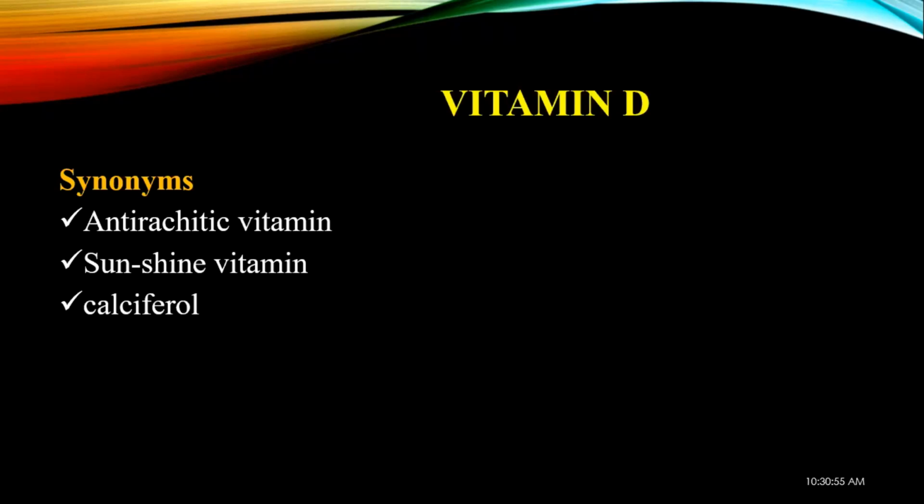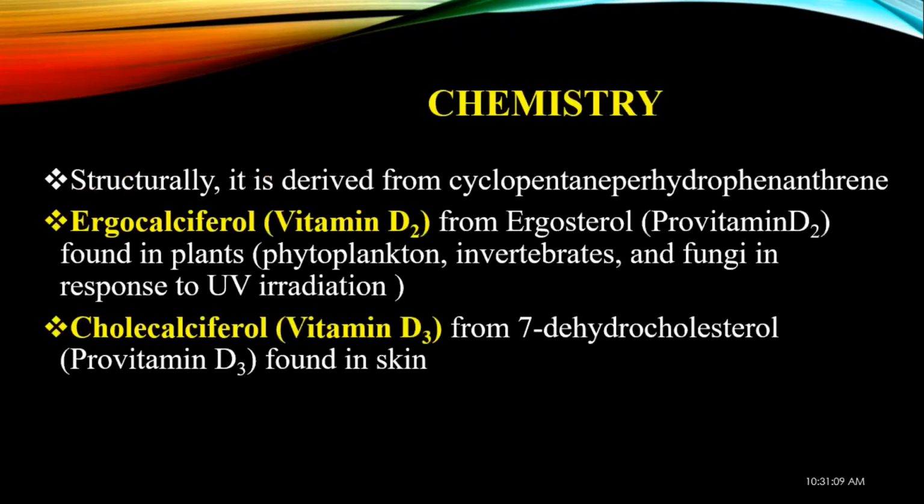And the other synonym is the chemical name, cholecalciferol. So calciferol. Now, chemistry. When we look at the structure of this vitamin D, it is structurally derived from cyclopentanoperhydrophenanthrene. You have seen this word.